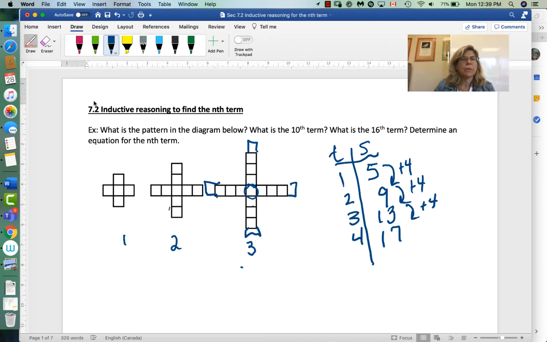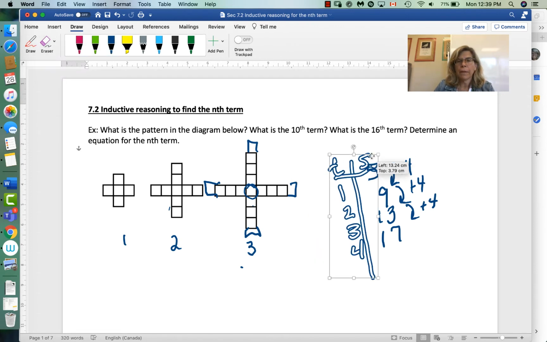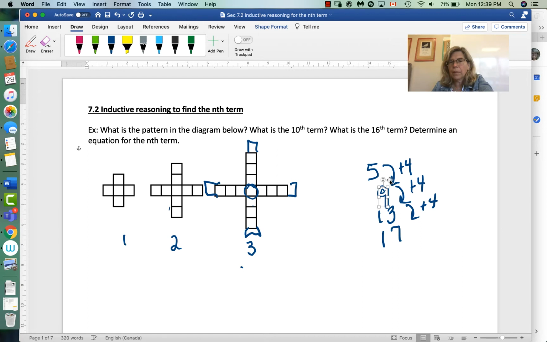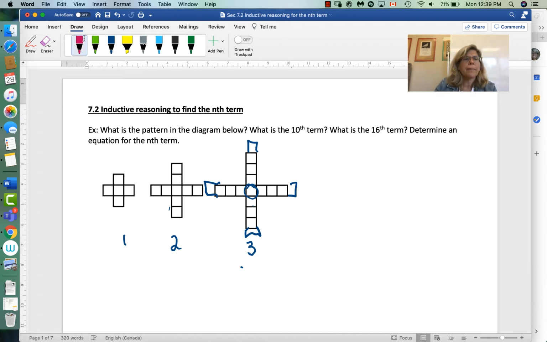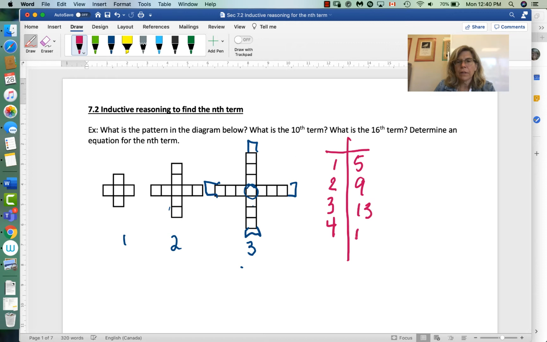Okay, I'm going to erase this and show you something else here. So I said, all right, with the table we had terms 1, 2, 3, 4, and we had 5, 9, 13, and 17. But you could look at this in another way.